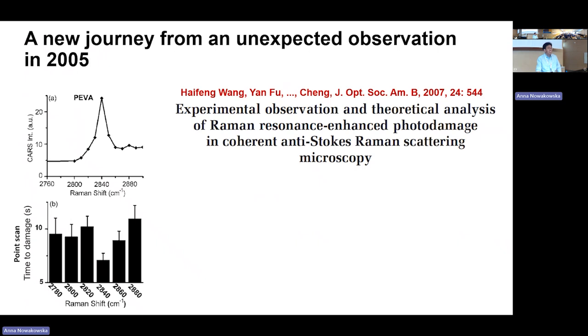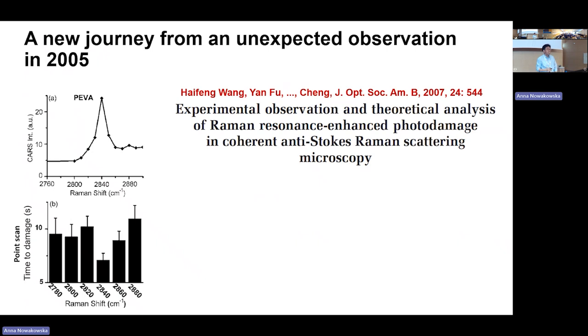So back in 2005, that's 2 years after I joined Purdue as an assistant professor of biomedical engineering, we were working on CARS microscopy, and we needed to tell the funding agency that CARS has very little photo damage. So we designed this experiment by shining the laser on one point to see how soon it induces damage, to understand the damage mechanism, right?